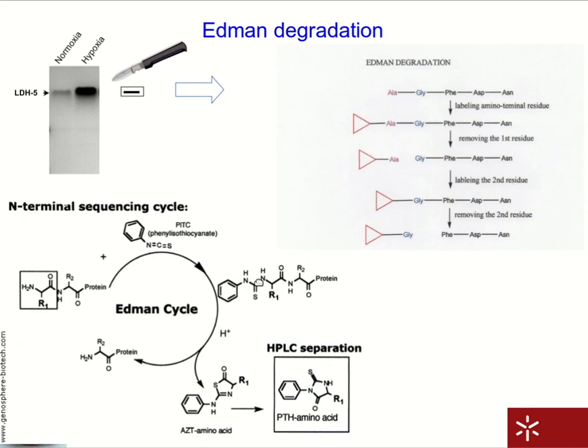Then we can split the protein between the first and the second amino acid here. This PITC is the red triangle here. And we can separate and analyze by HPLC. We can then repeat this process, and we can in this way sequence the protein at least 5 or 10 amino acids.